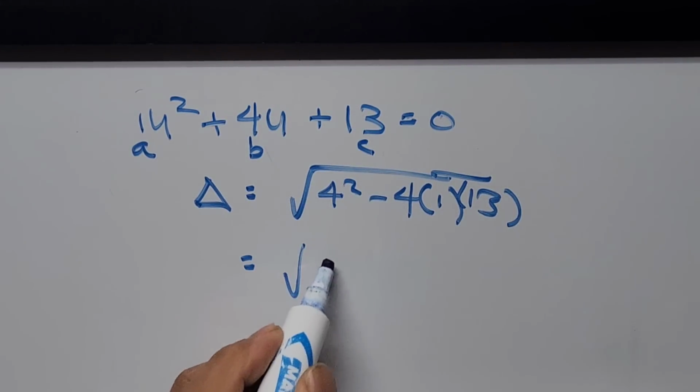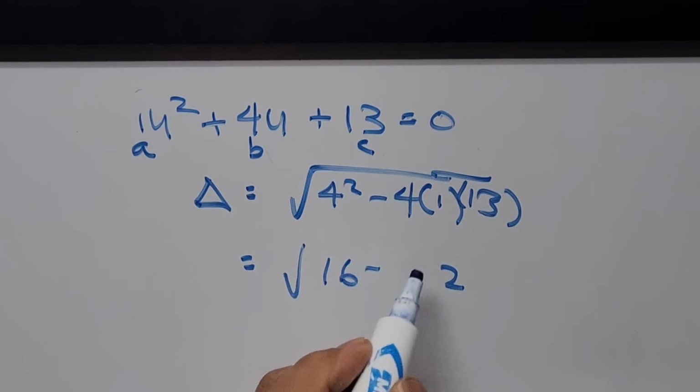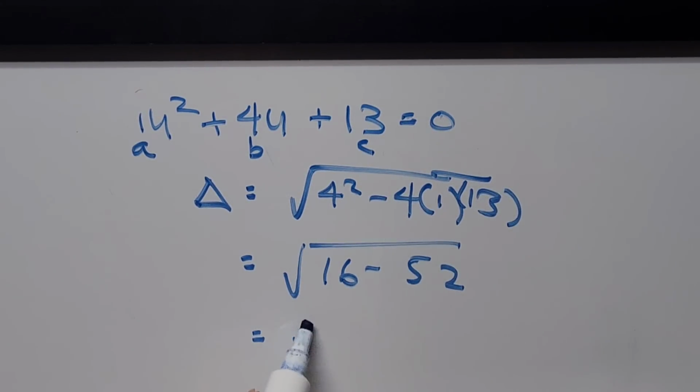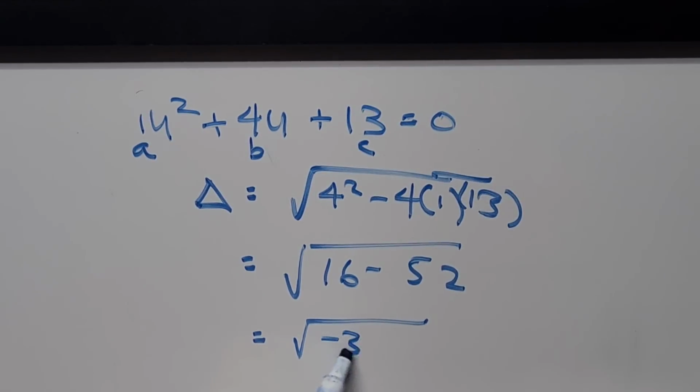So 4 squared is 16 minus 4 times 13, that's 52, right? So this will end up a negative value. 16 minus 52 is negative 36. So that's the delta. This is an indicator that the value of u over here will be in a complex form because of the negative value.